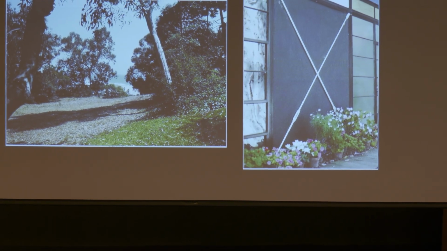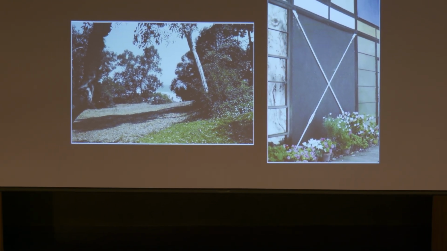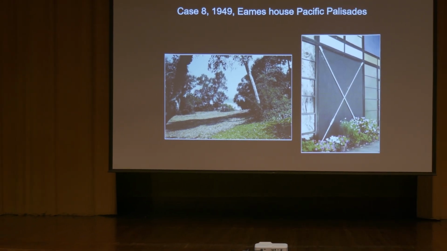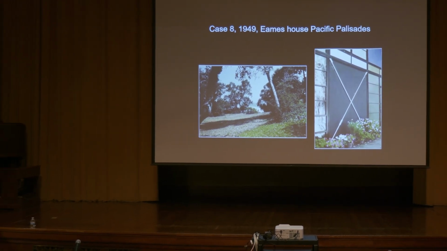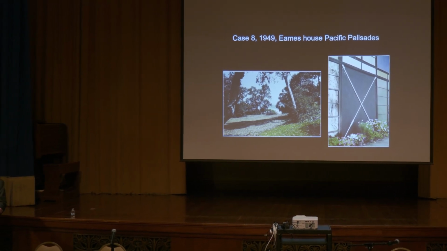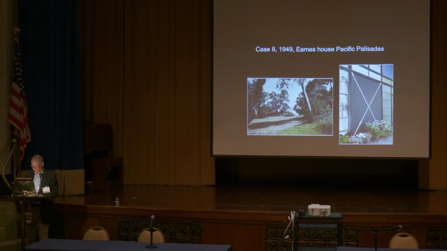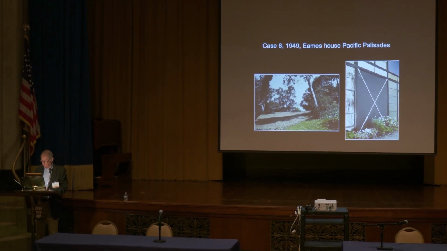There's a view looking down to the Pacific Ocean from the house. And then on the exterior, this is one of the structural elements that is there, really rather dramatic. At that point in time, it was really one of the most dramatic things that were done.